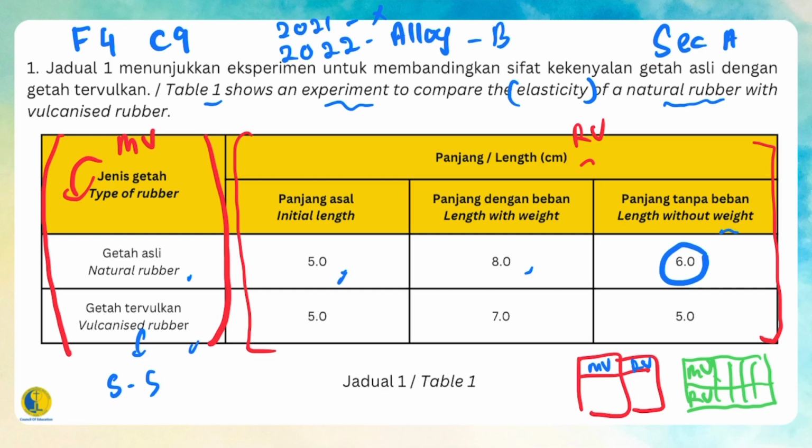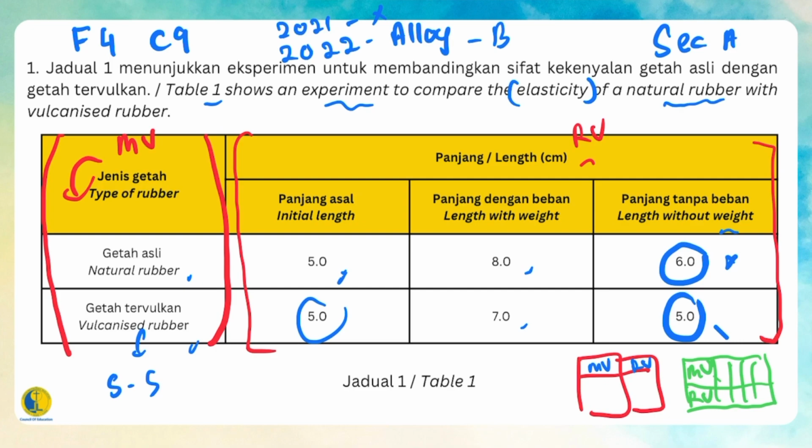So it is not elastic. For the vulcanized rubber, 5 centimeters is the initial length. The length with the weight is 7, which is not that long. But guys, once you stretch it, it can go back to its initial length, which is 5. So it is considered to have good elasticity.